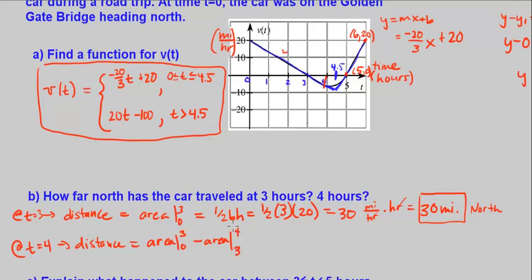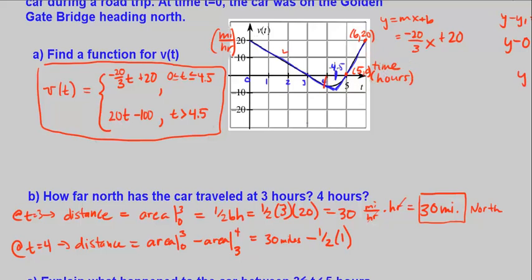And I'm writing it like this because we're familiar with writing the boundaries like that, and this represents from something to something. All right, so the area from 0 to 3 we know is 30 miles, minus the area from 4 to 3, again, is a triangle. 1/2, the base here is 1 unit, so 1 hour.